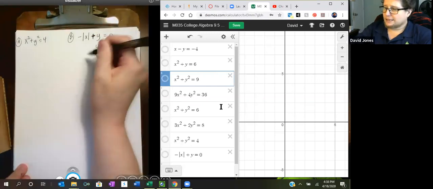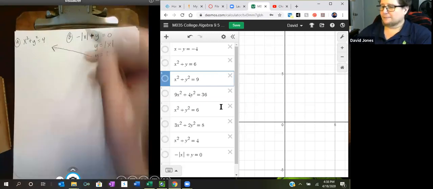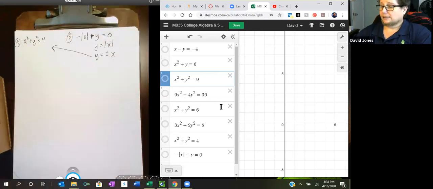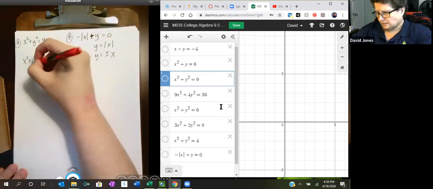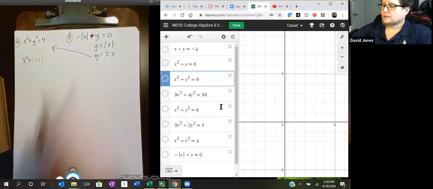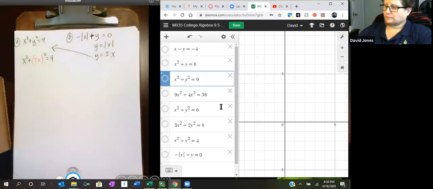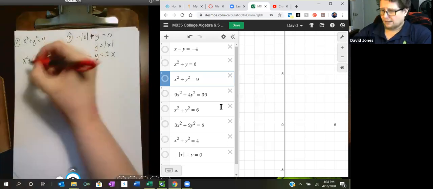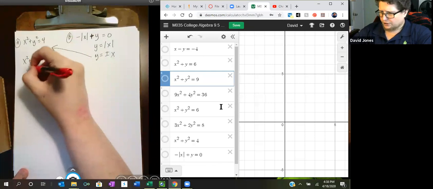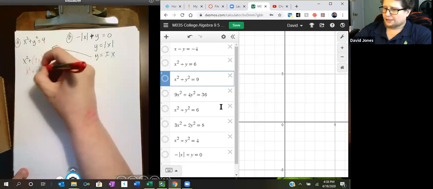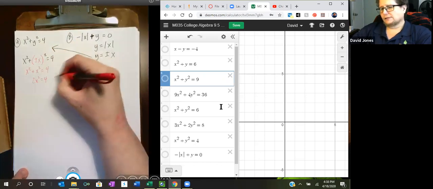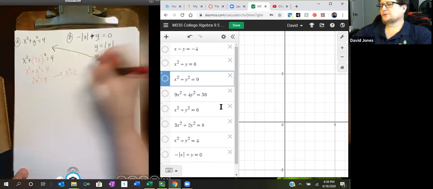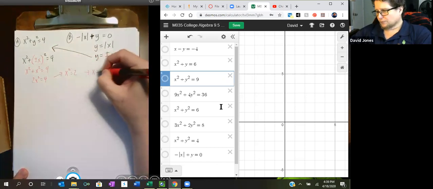And to be honest, when we plug it in, it doesn't matter which one we plug in. The act of squaring it clears the negative sign, and it becomes x squared plus x squared equals 4. 2x squared equals 4. X squared equals 2. Or x equals plus or minus square root of 2.